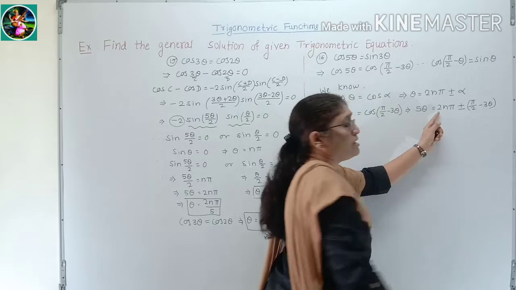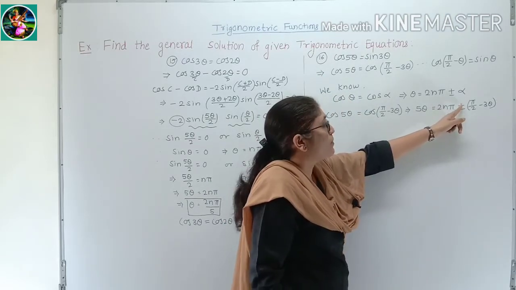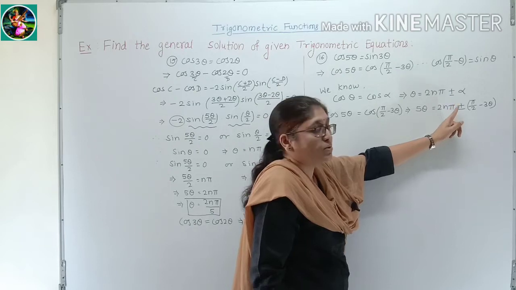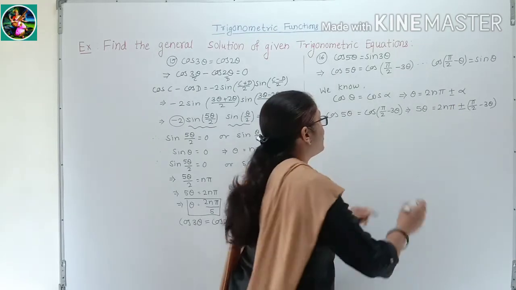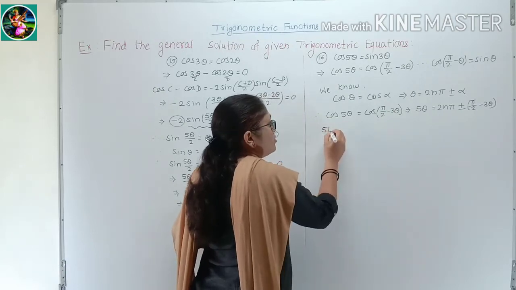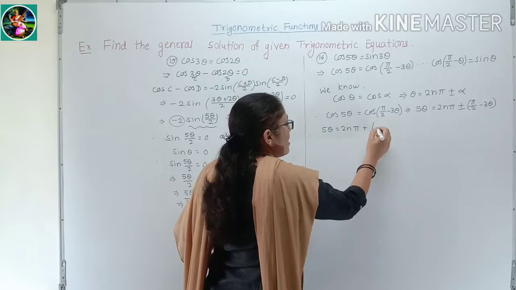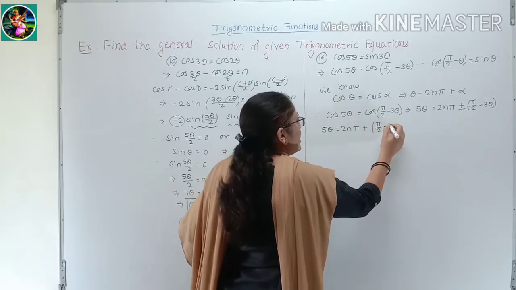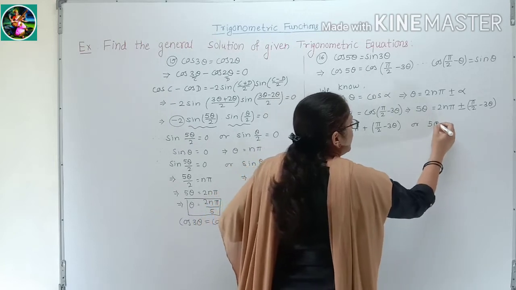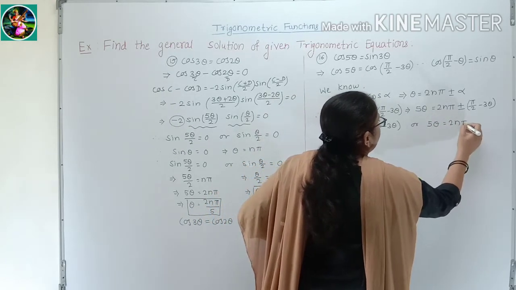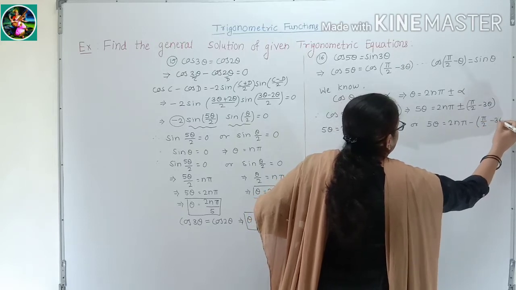Okay. Therefore, in that there are two solutions. If we write plus here, we will get one solution. If we take minus here, we will get another solution. Therefore, we write here 5 theta is equal to 2n pi plus pi by 2 minus 3 theta. And here we write 5 theta is equal to 2n pi minus of pi by 2 minus 3 theta.